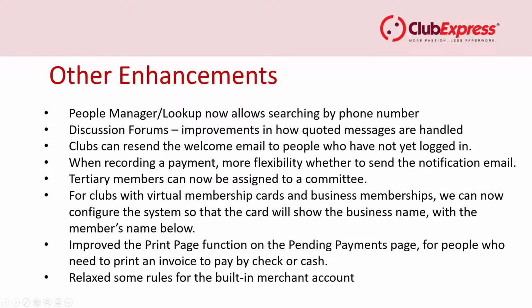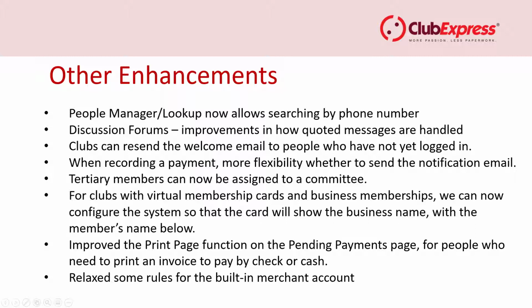For clubs with virtual membership cards, we have a number of clubs that are using our virtual membership cards feature who have business memberships. So for example, a skiing club might have a local ski shop with multiple locations as a business or sponsoring member. And if they have virtual membership cards, what you want to appear on the card is not only the business name, but also the name of the member.